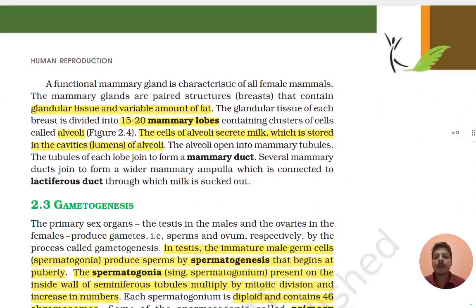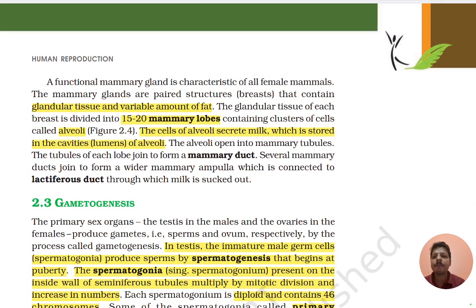Next is the mammary gland. The mammary gland is a characteristic of all female mammals. The mammary glands are paired structures, or breasts, that contain glandular tissue and a variable amount of fat. The glandular tissue of each breast is divided into 15 to 20 mammary lobes containing clusters of cells called alveoli.